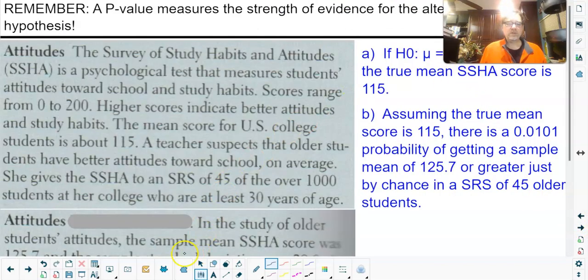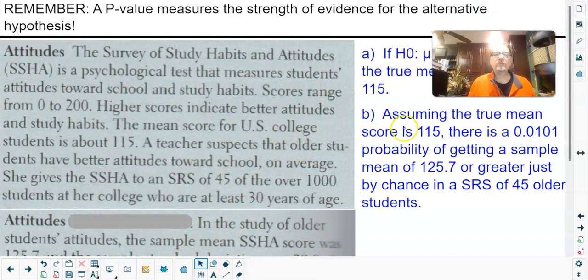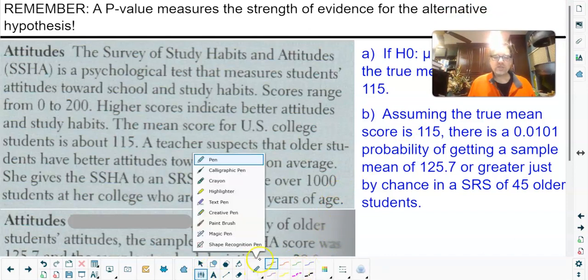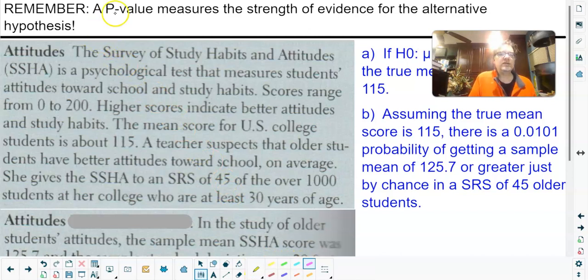So remember, the p-value that we just found measures the strength of evidence for the alternative hypothesis. I have to stress this again and again. We are looking for evidence for the alternative hypothesis, not our null hypothesis. It's counterintuitive.